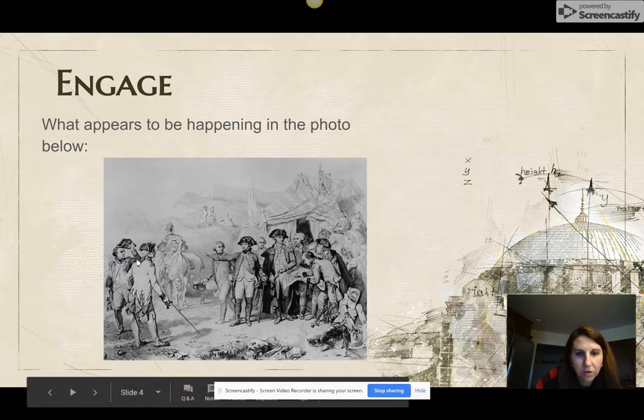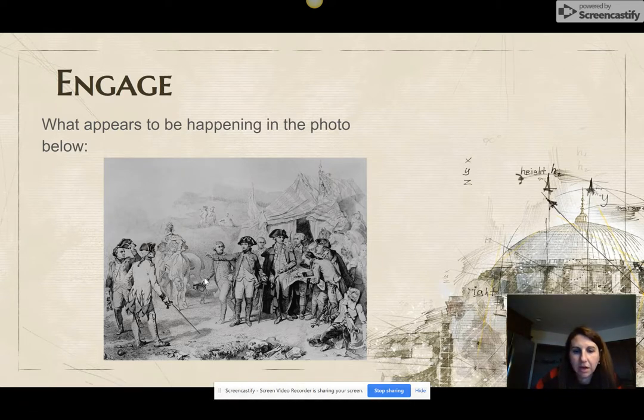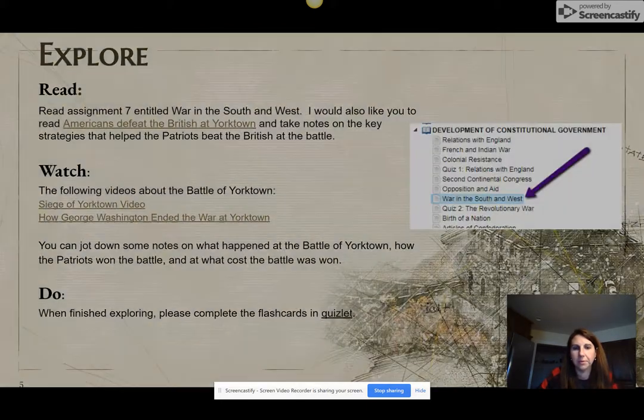Okay, so if you look here, lots of military people, and it's actually the signing of the Treaty of Paris. So it ended the Revolutionary War. So Yorktown is very, very important in terms of American history and in terms of learning about the Revolutionary War. But you can see the signing of the treaty there.